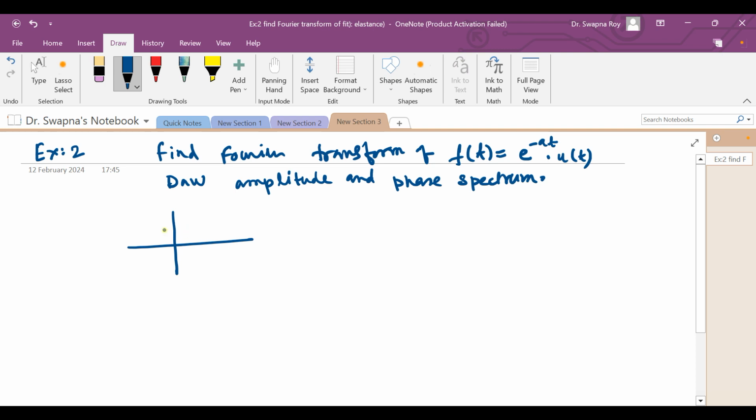So if I draw the plot for e^(-at), it is like this, and u(t) is 1 for t greater than or equal to 0, and this one is e^(-at).